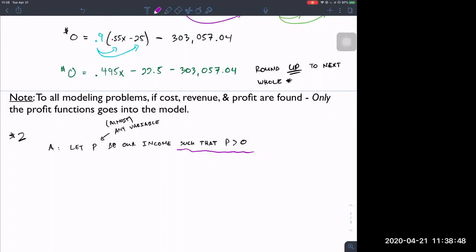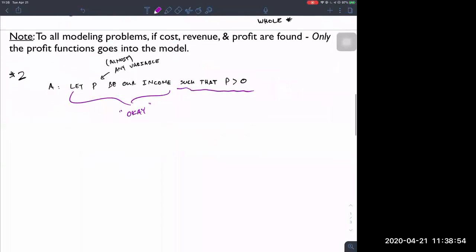So honestly, if you did this, it's okay, as you've seen me write in tests before. But what I'm really looking for is that little extra oomph: if I give you a variable income and I take the time to tell you that it's positive, you just have to tell me that it has to be greater than 0. That's all. You're not going to make -$6.